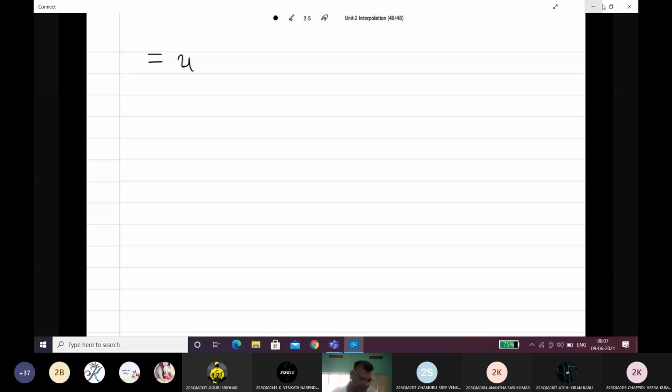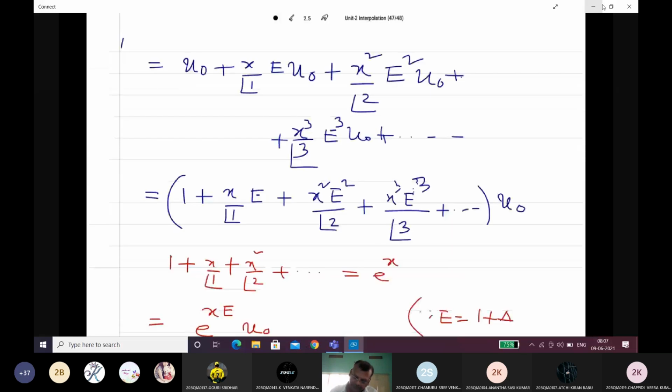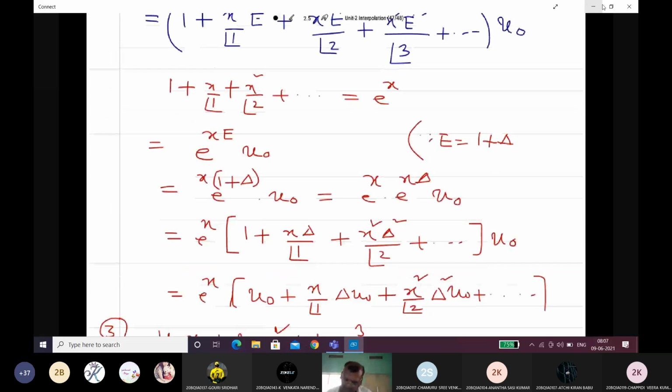We have to find the solution in terms of u1 or u2 like that. Here in this problem, u naught is not there. Therefore, we have to observe: see here, u naught is not there.